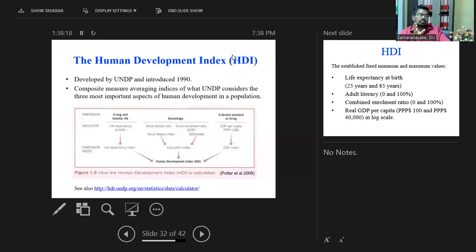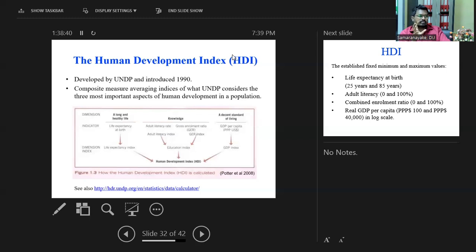We call this index a composite measure of averaging indices. Here we have three indices, I mean three dimensions, that will help us measure human development and human well-being. Right. So what are these three dimensions?